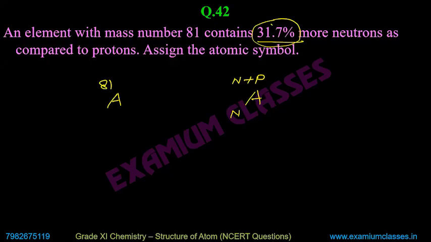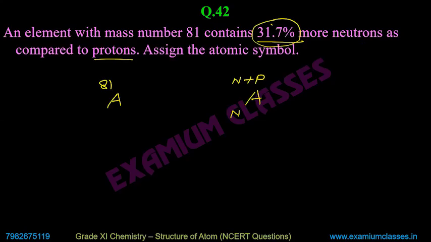Contains 31.7% more neutrons as compared to protons. In those questions which I mentioned, about ages being 5 years younger than or older than, whatever is written after "than" has to be assumed.